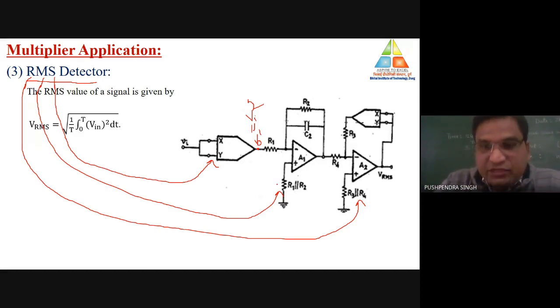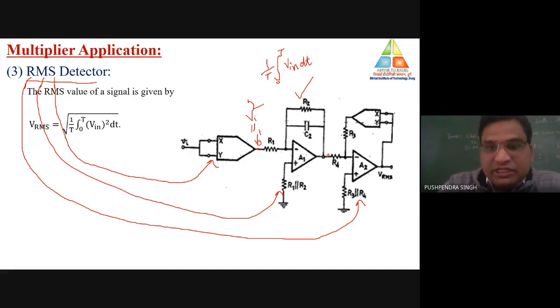Now this is connected to this integrator circuit. What is the name of this circuit? It is an integrator. And what is the output of the integrator? 1 by tau, integration from 0 to t, Vin into dt. That is the output of the integrator.